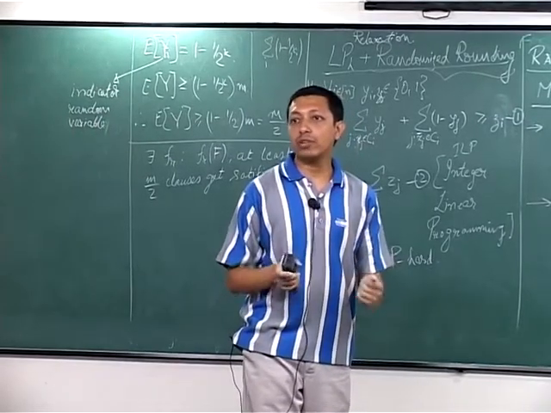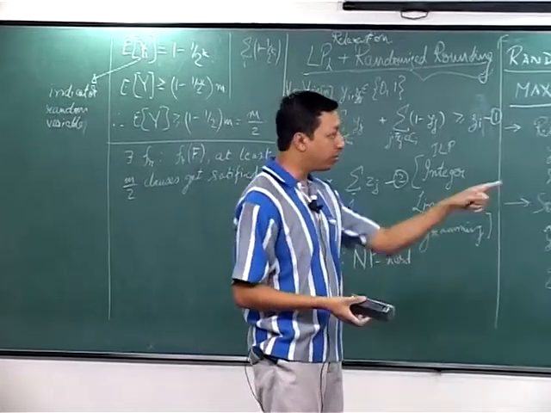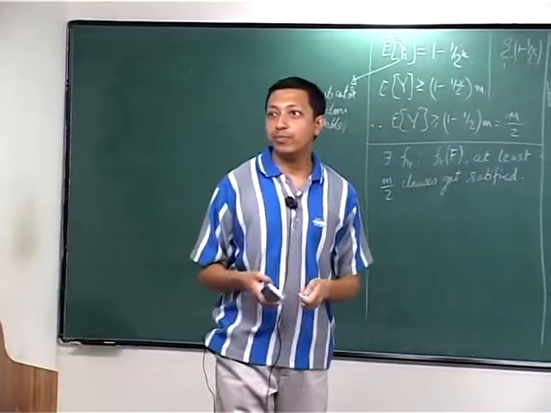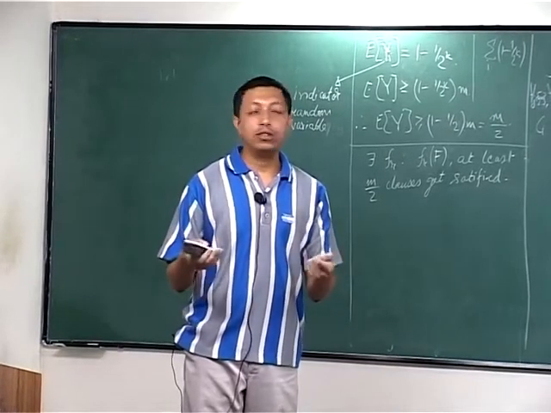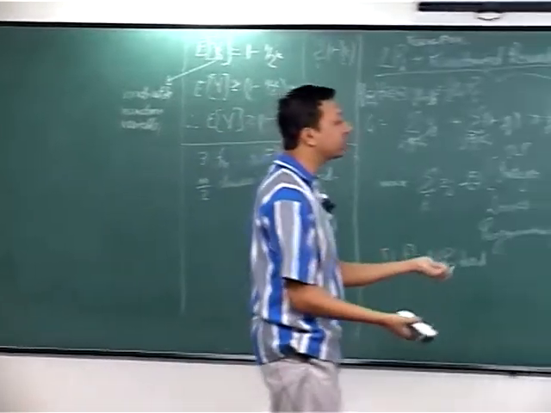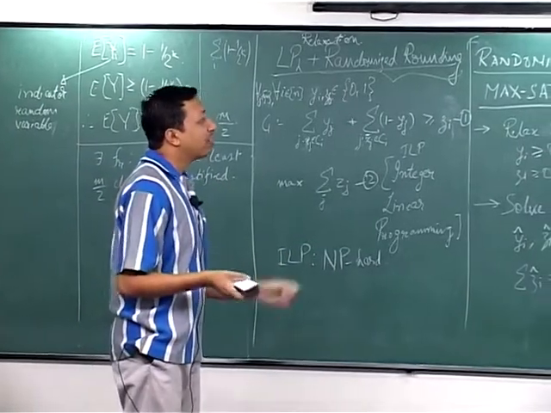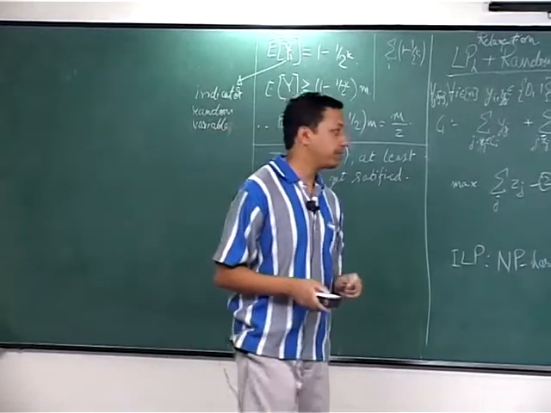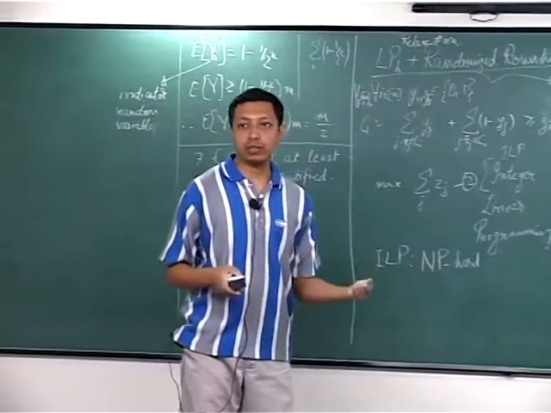Okay, can you do a trade off between these two and achieve something better than m by 2 or even 1 minus 1 by e times m? And so the idea is you do both of these and you pick the better value. You look at both these solutions and you pick whichever is the better, right, that's simple enough. But can you prove that that will surely give something better than both of these individually? Okay, that's the next thing.